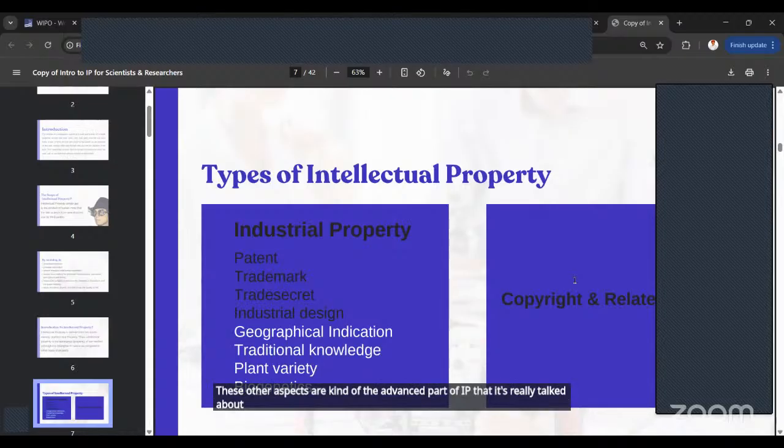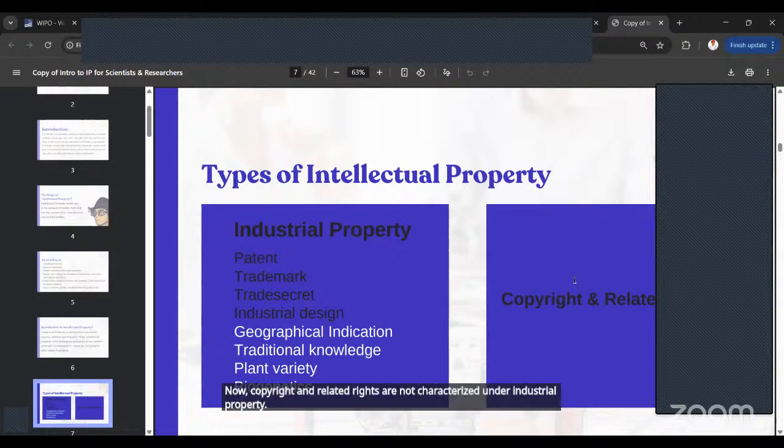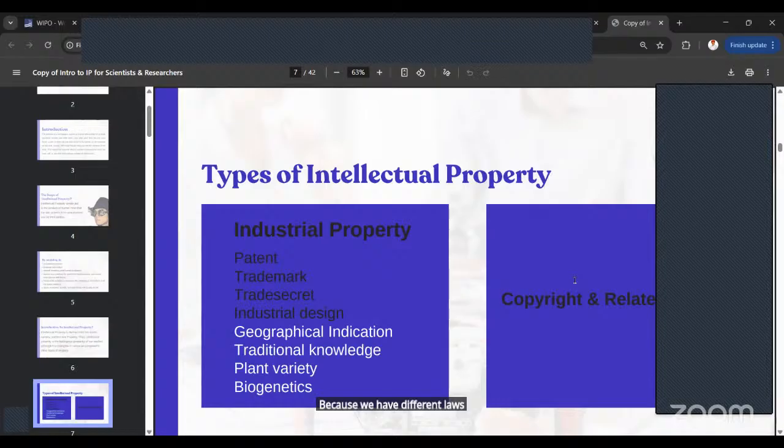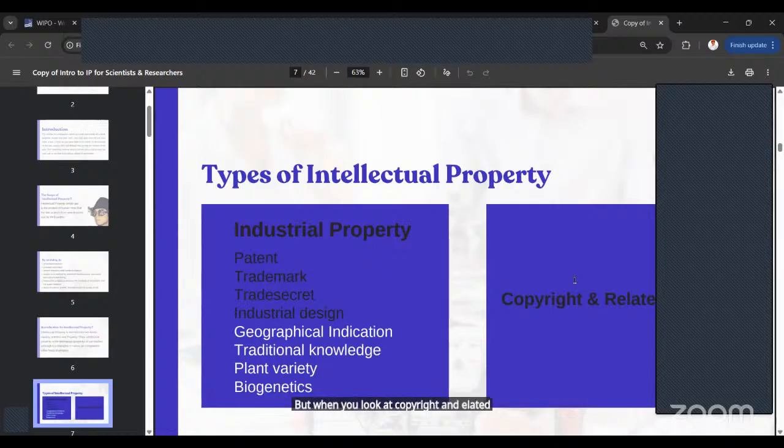And on the other hand, we have copyright and related rights. Copyright and related rights are not categorized under industrial property because we have different laws governing these types of IP rights. When it comes to industrial property, we look at the Paris Convention. The Paris Convention talks about everything that is highlighted under industrial property. But when you look at copyright and related rights, you talk about the Berne Convention.